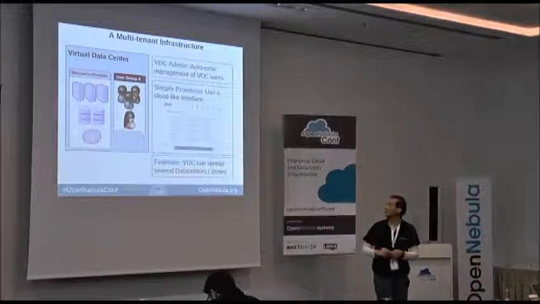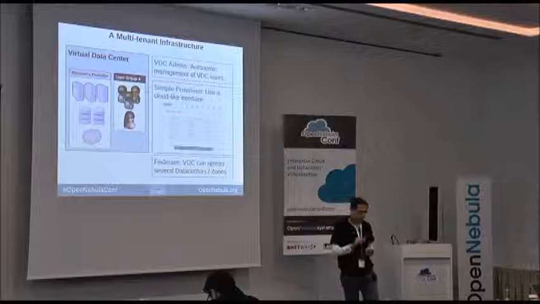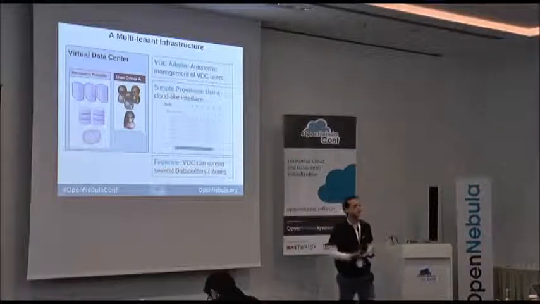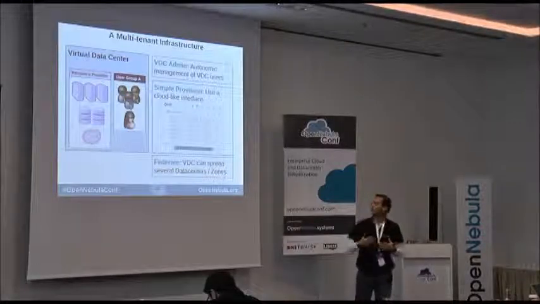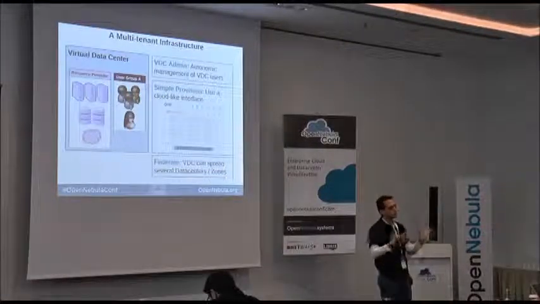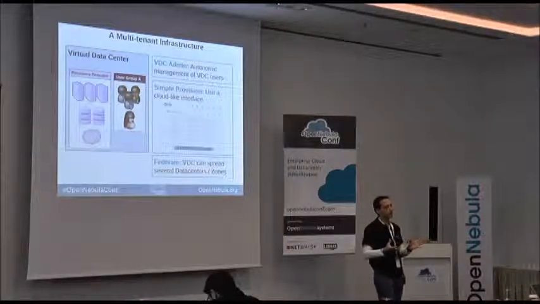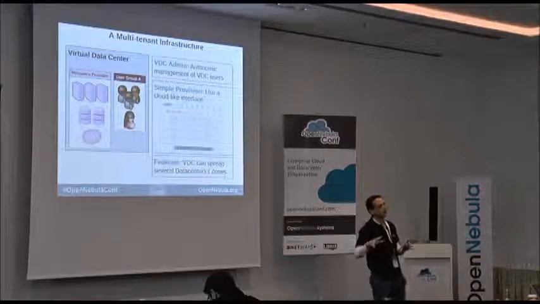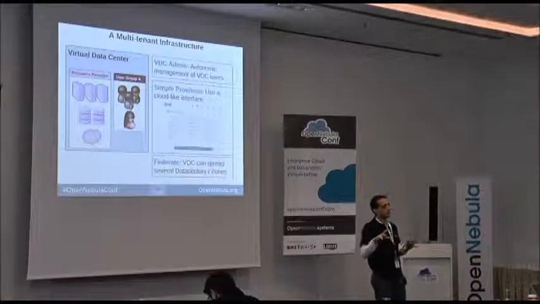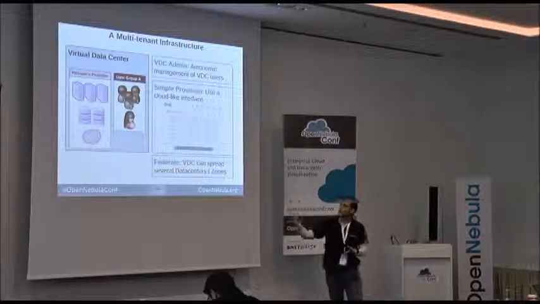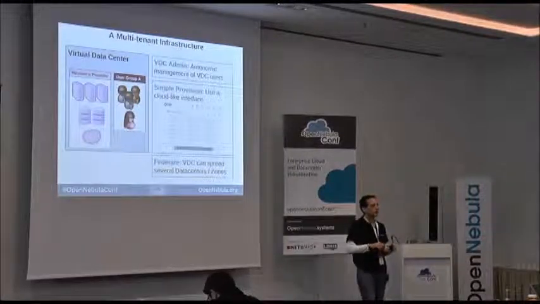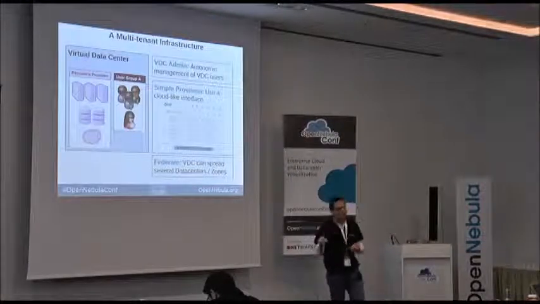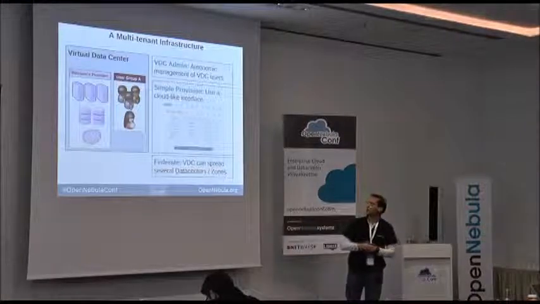A virtual data center also has a special user, what we call the vDC admin, which is the administrator of the virtual data center, but it only manages the users, the logical part of the data center. The infrastructure part of the data center, the cluster, is managed by the infrastructure manager, but the quota usage for the users of the group is managed by the virtual data center admin.